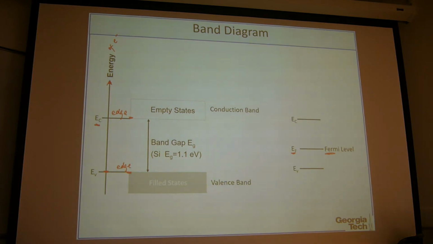And the Fermi level is not a real level, it's a conceptual level. Because as we just mentioned, in the band gap the electrons are not allowed. So that means the electrons will not really stay on that Fermi level. So it's just a conceptual level, which will help us for the analysis in the following.